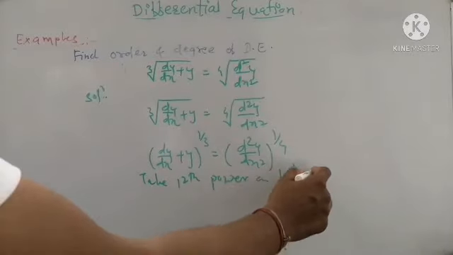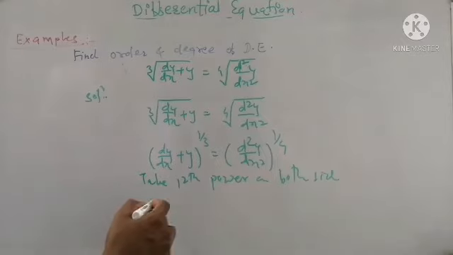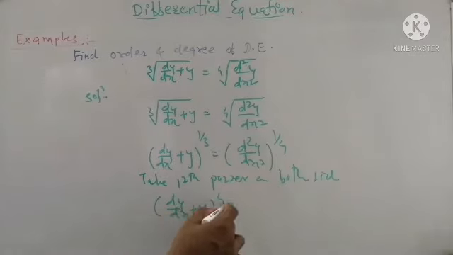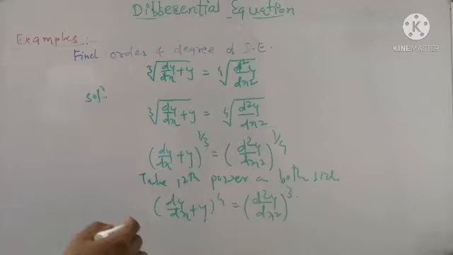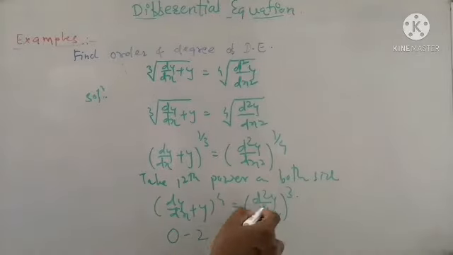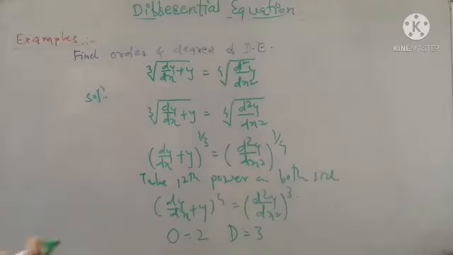On the left hand side, by multiplying indices with 12, we get (dy by dx plus y) raised to 4, and on the right hand side we get (d square y by dx square) raised to 3, as 1 by 4 into 12 is 3. Now we can define the order and degree of this differential equation. As d square y by dx square is the highest derivative operator, the order is 2, and the power of this term is 3, so the degree is equal to 3.